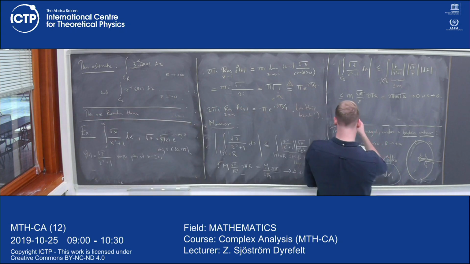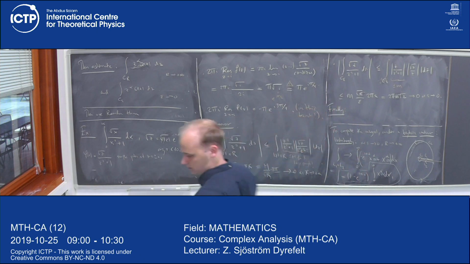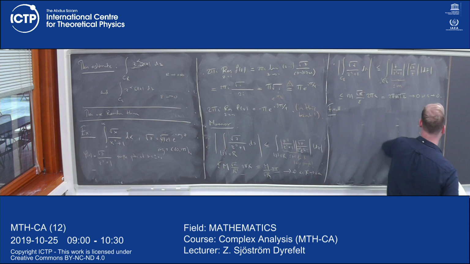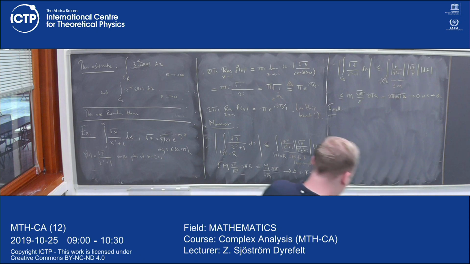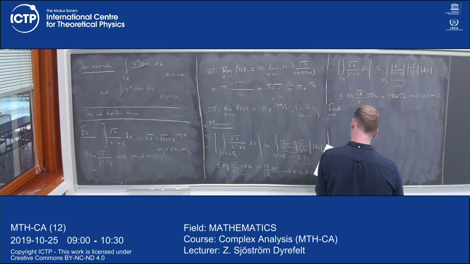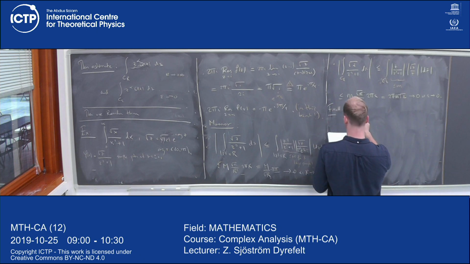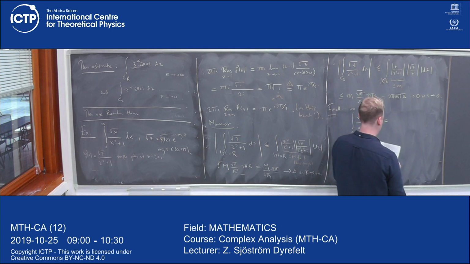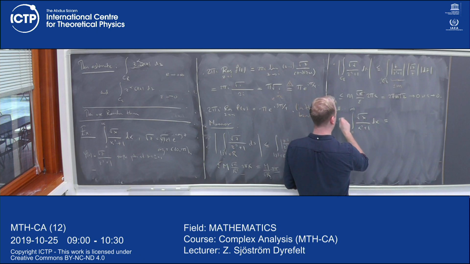So, finally, let's put it all together. So when you compute residues, it's a lot about remembering all that you have. So finally, we get that this integral that we were interested in is equal to 1 minus e to the 2 pi i alpha.